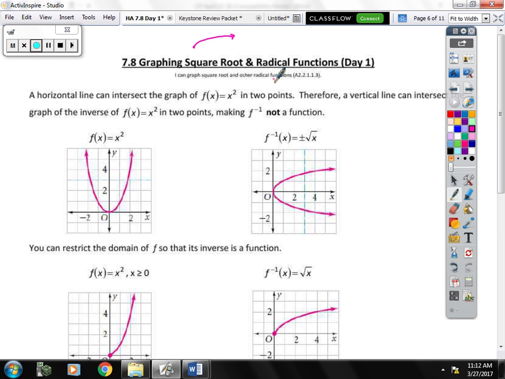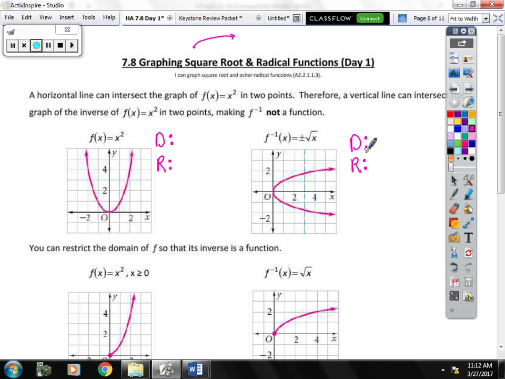We'll also graph radical functions, which could be cube root functions, which look a little bit different. On this front page, I have the parent function and then its inverse, both the equation and the graph, so we can look at this. And I'd like us to discuss the domain and range, because that's really important to be able to identify.